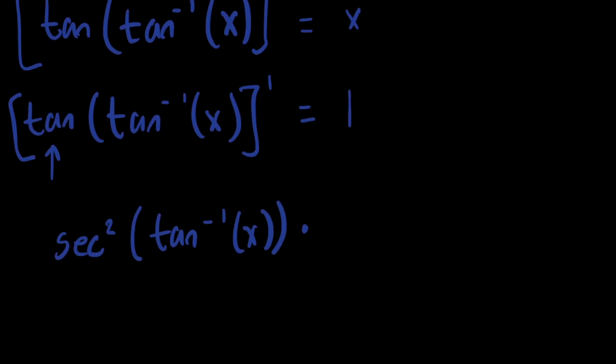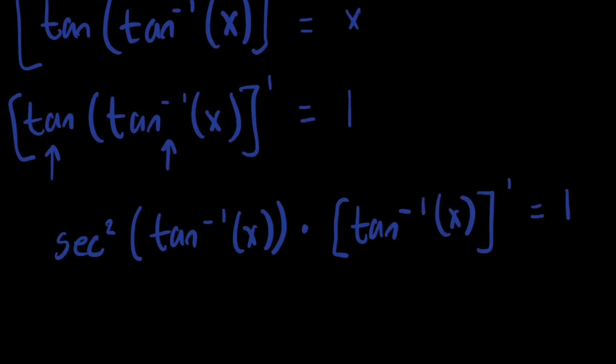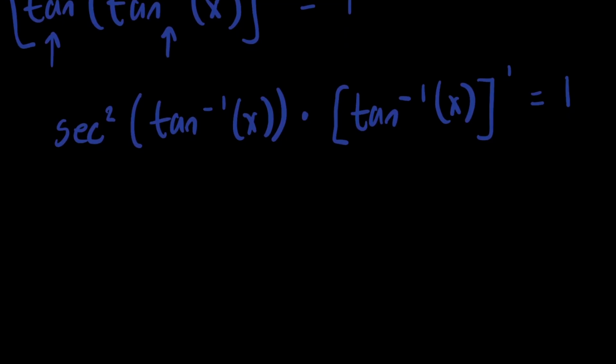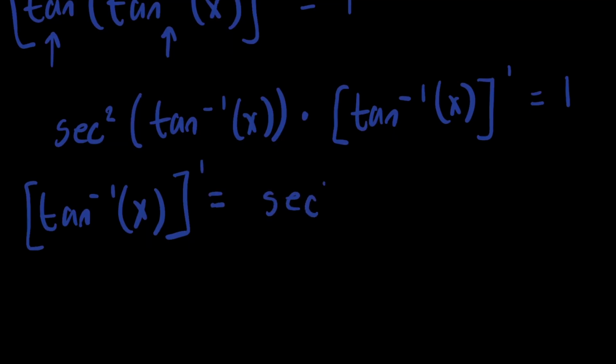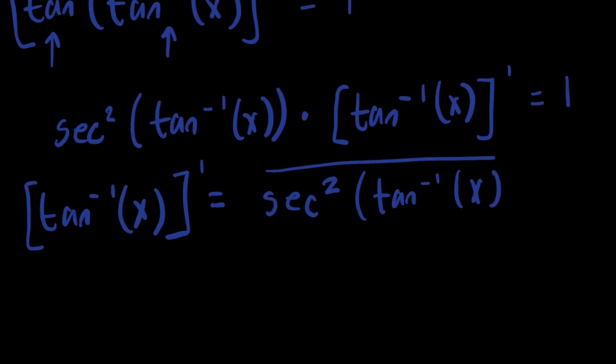And then we multiply it by the derivative of this, which is inverse tangent x derived. We can set that equal to 1. And it's going to be the same thing again. Tangent inverse of x prime is equal to 1 over secant squared of inverse tangent of x.